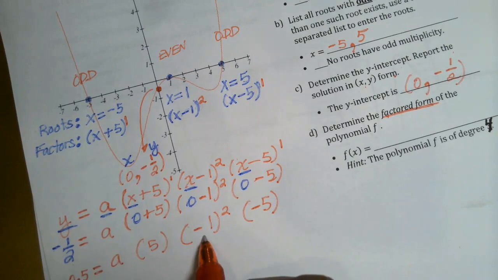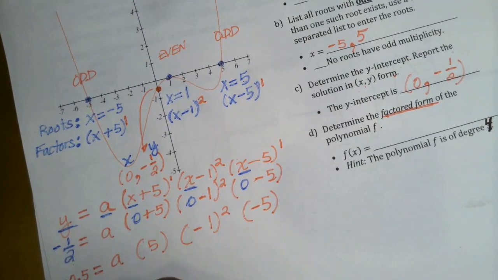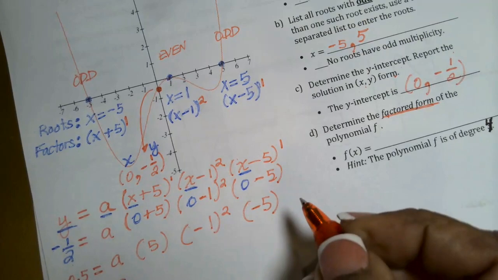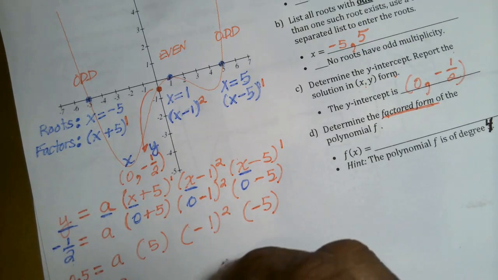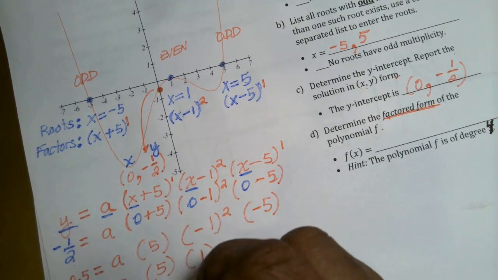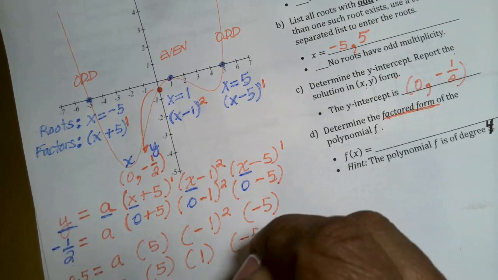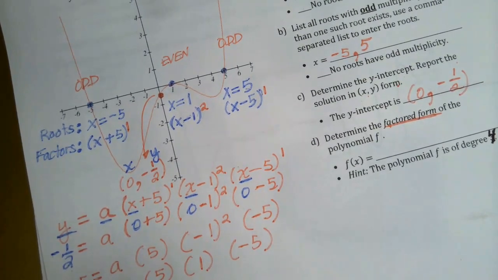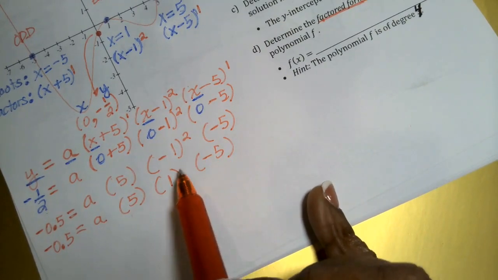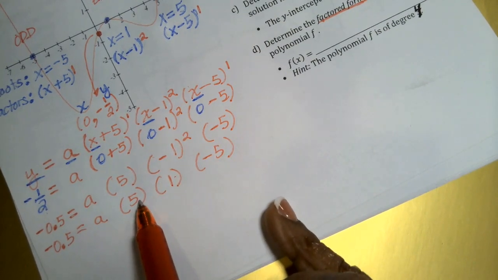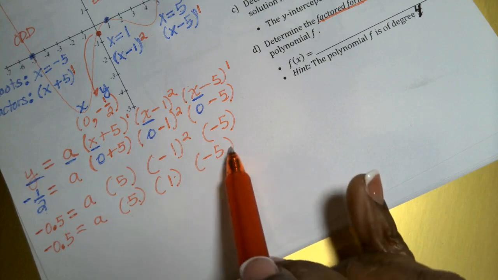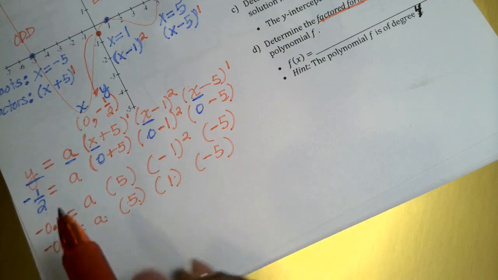We need to square this negative 1. Negative 1 times negative 1 is positive 1. We need to multiply these numbers together. Negative 5 times 1 times positive 5. That's going to give us a negative 25 times a.